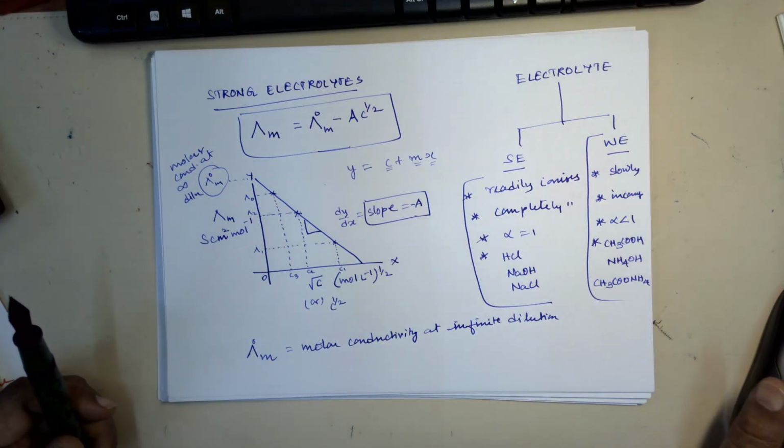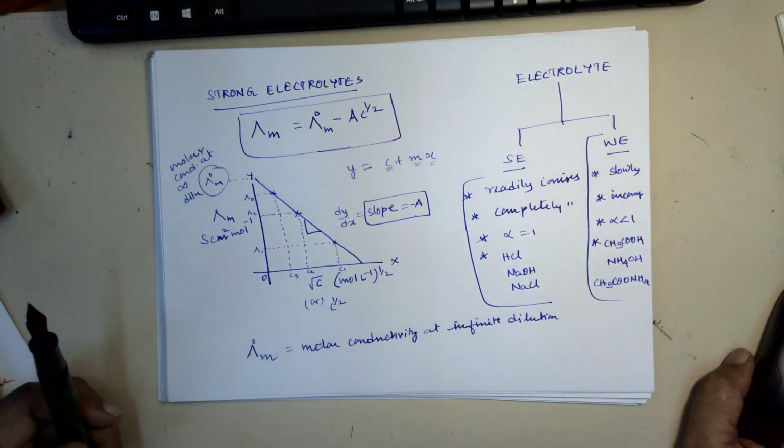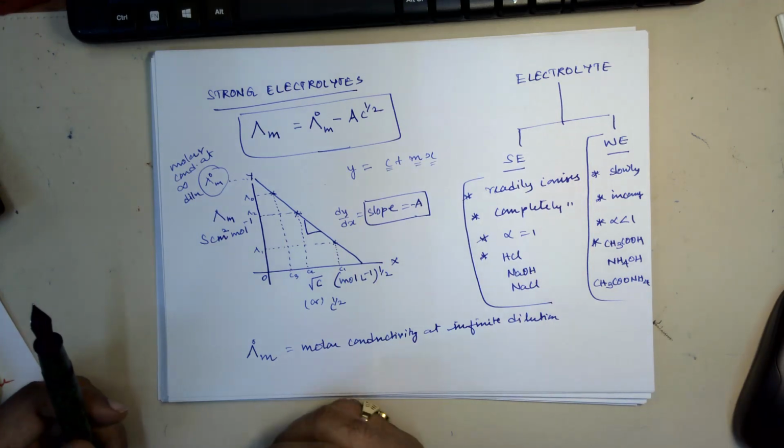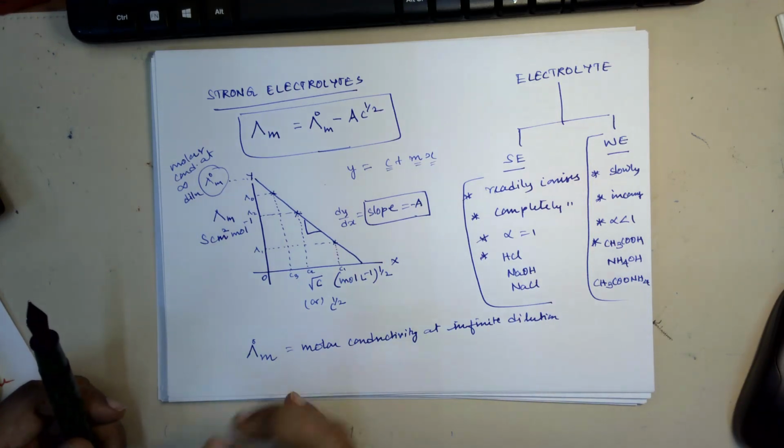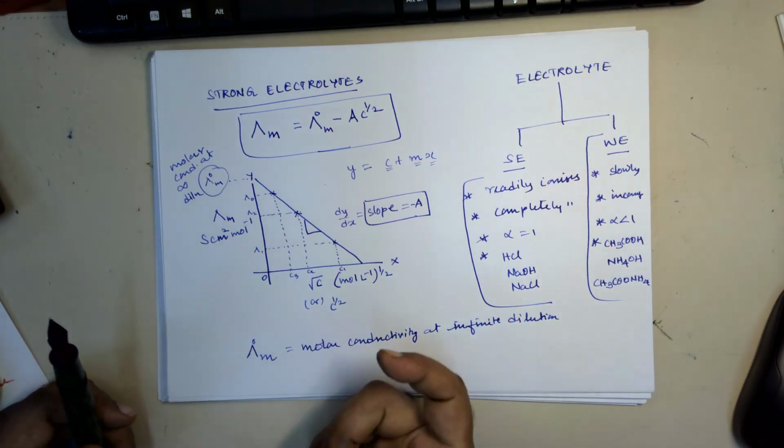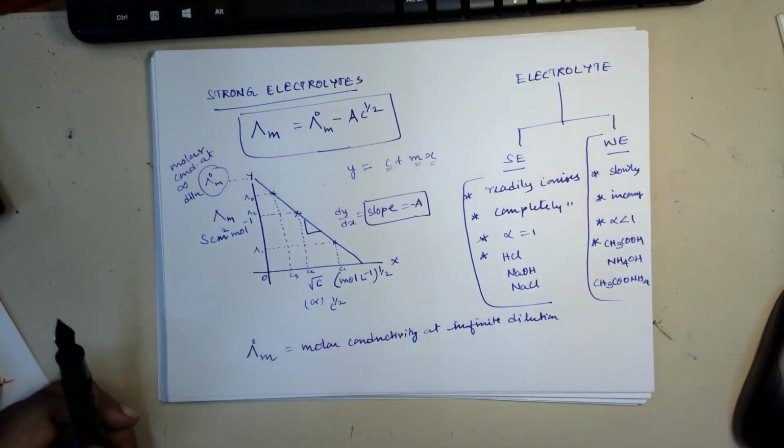So you look at your example number 3.6, where they are given the molar conductivity value and the concentration value. What you are supposed to do is draw a plot.